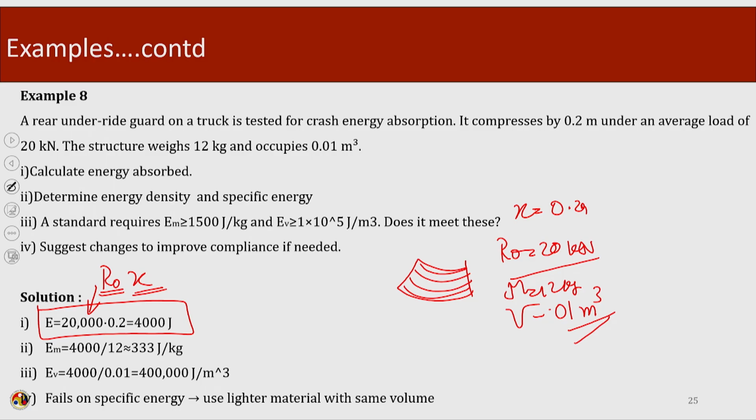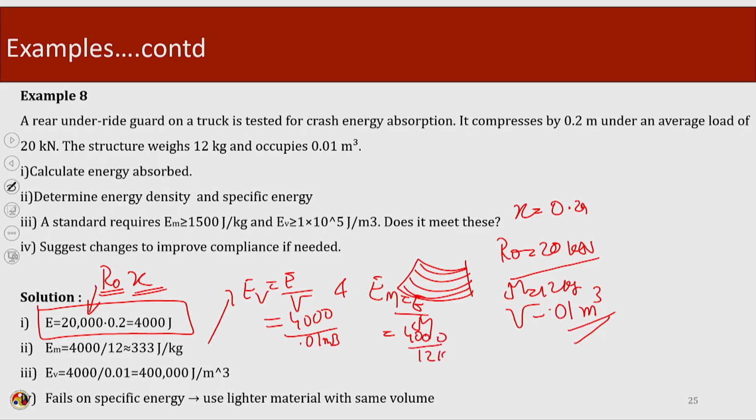Now determine the energy density and the specific energy, again the same thing, energy per unit volume and energy per unit mass. We know the total energy in both cases is the same, divided by the total volume and total mass. So, per unit volume, this is 4000 divided by the volume, and in the other case 4000 divided by 12 kg.